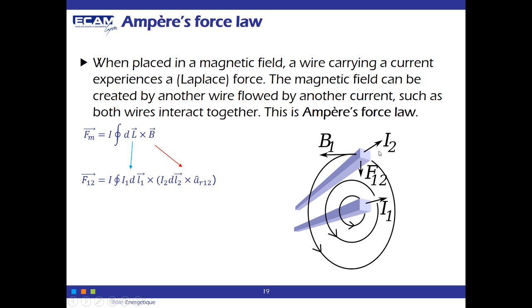At the same time, though it's not mentioned here, the second conductor will have B2, which affects the first conductor. This seems quite like Coulomb's law, the link between the first charge and the second charge.